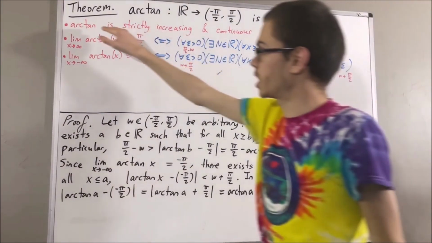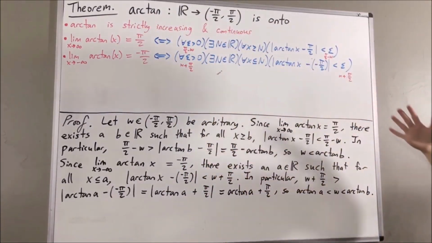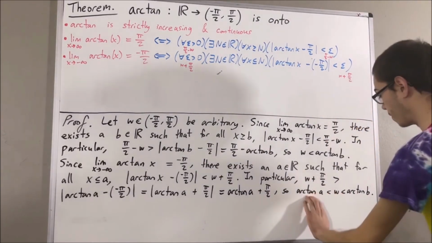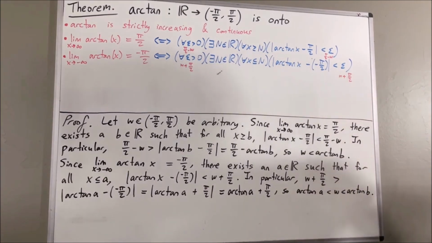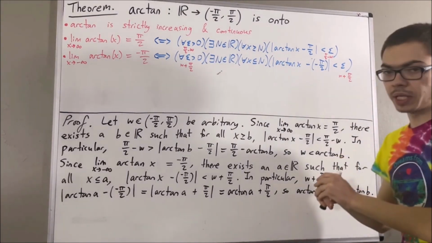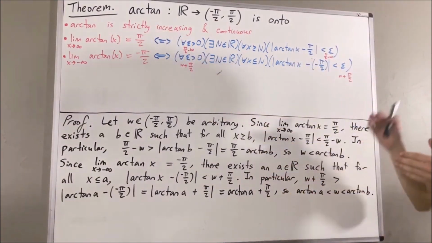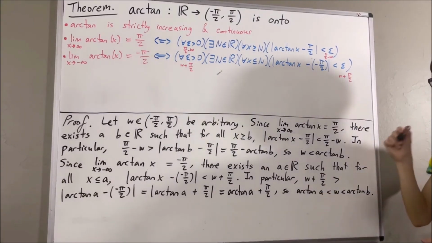But since arctangent is a strictly increasing function, the only possibility is that a is less than b. Because if we instead have a equals b, then arctangent of a equals arctangent of b, which is false. And if a is greater than b, then strictly increasing implies arctangent of a is greater than arctangent of b, which is false. So the only possibility is that a is less than b.